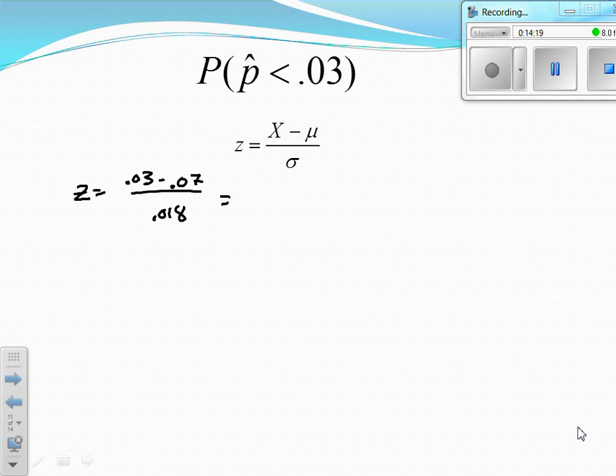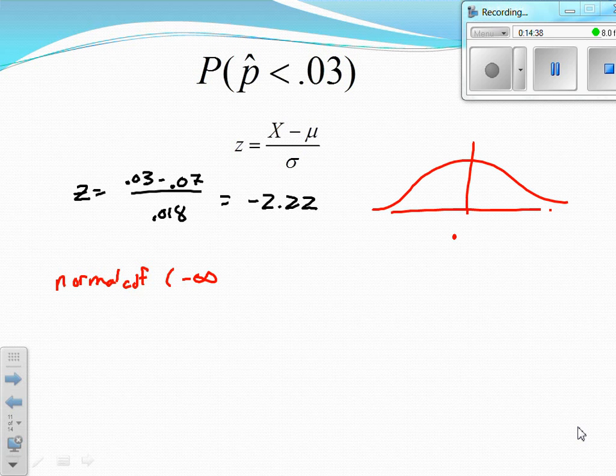We are 2.22 standard deviations below. So is that stringent, right? Are we far enough away? So very quickly, we'll just look at our normal CDF here, and we're going from negative infinity. Keep in mind they were up here, 0.07, 0.03, so we're not quite 3 standard deviations away. We're sitting somewhere between 2 and 3 standard deviations away at 0.03.